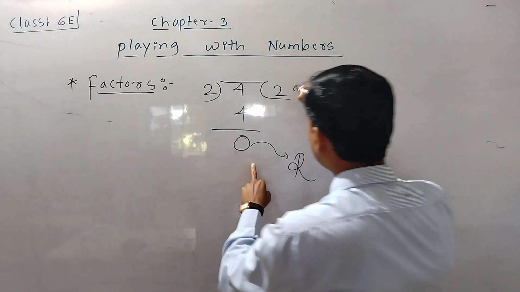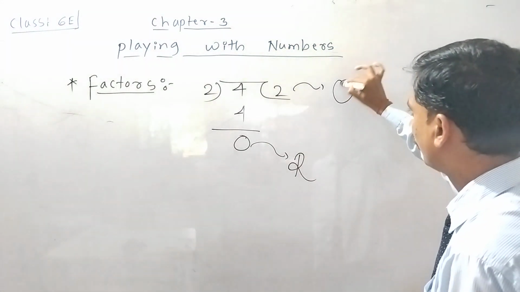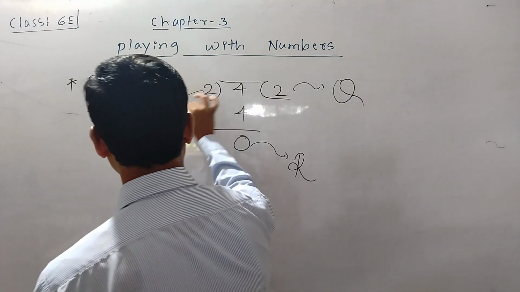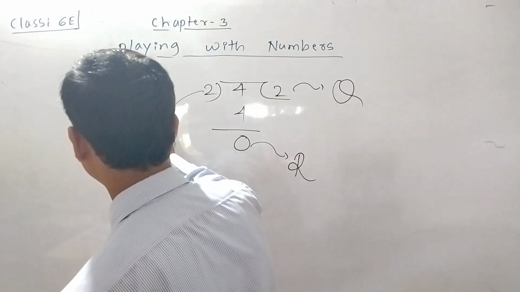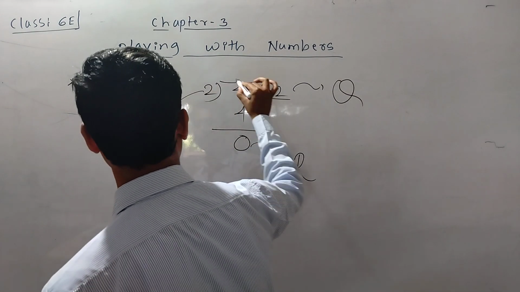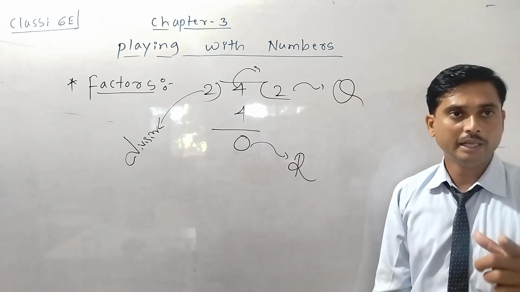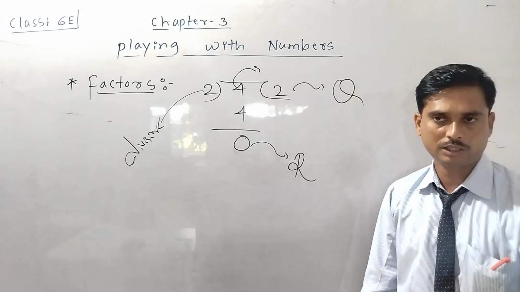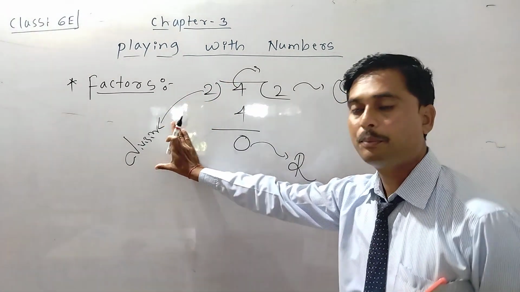Then what is the name of 2? It is the quotient. And the other 2 is the divisor. And what is the name of 4? Dividend. We already discussed this in 3rd and 4th standard, because it is very important. These are the different names.